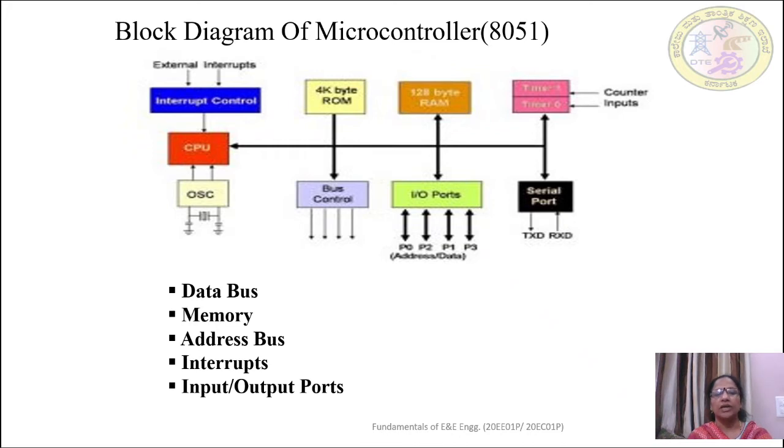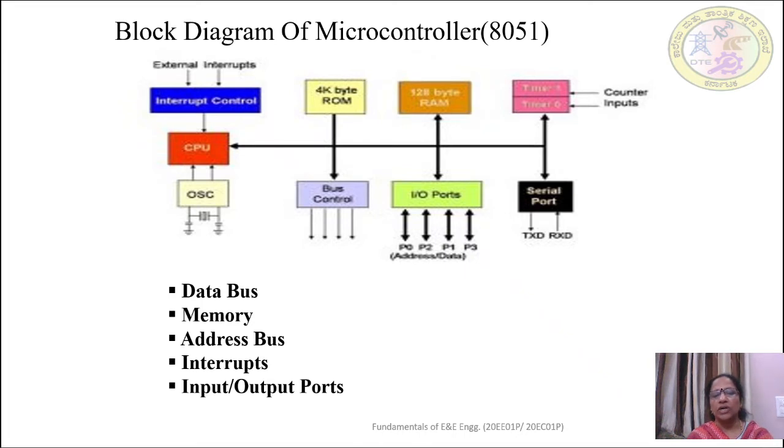Then it contains 4 kilobyte of ROM, and then 128 byte of RAM, and then the timer is there. The timer is used as a counter which has input and output, and it contains the CPU, that is the central processing unit, and then the oscillator is there.